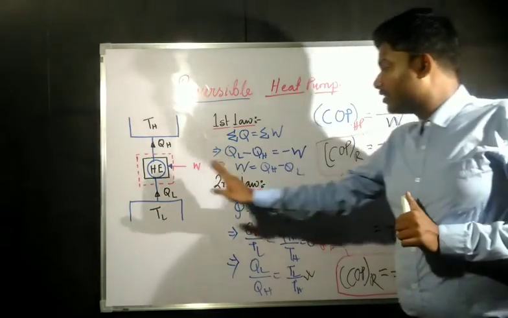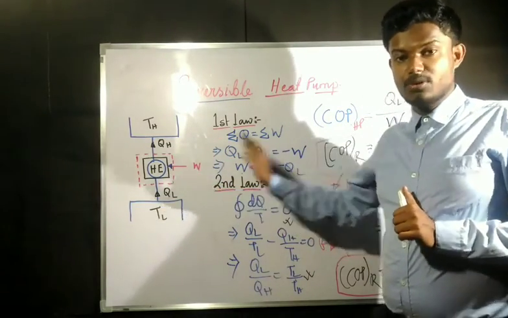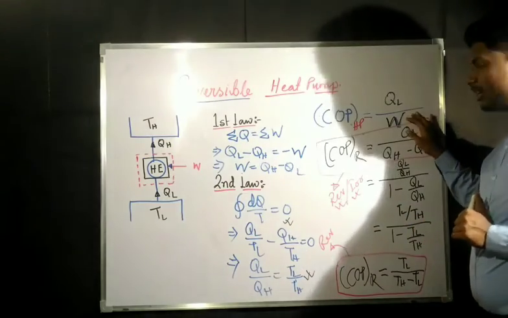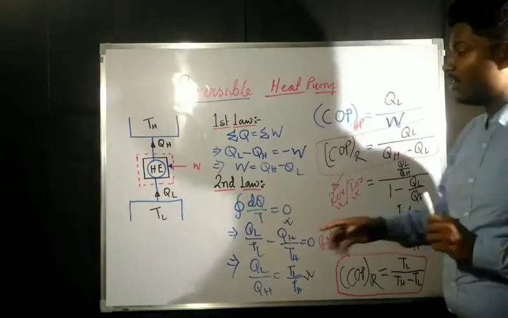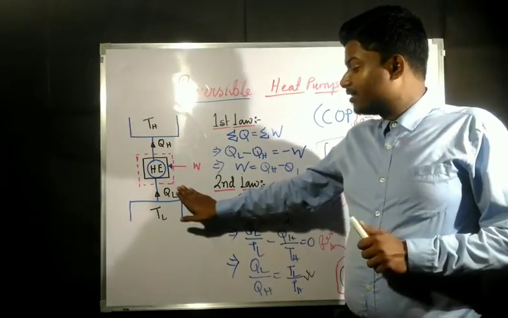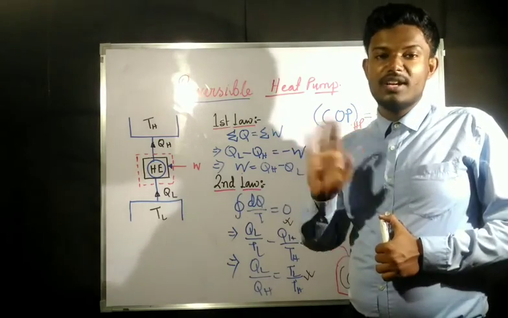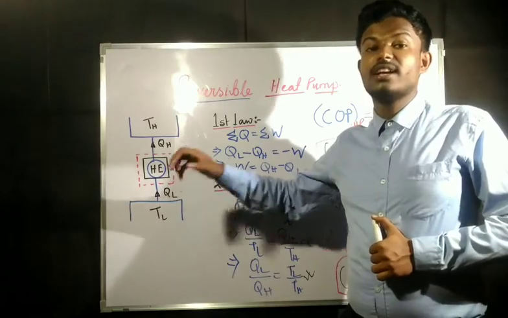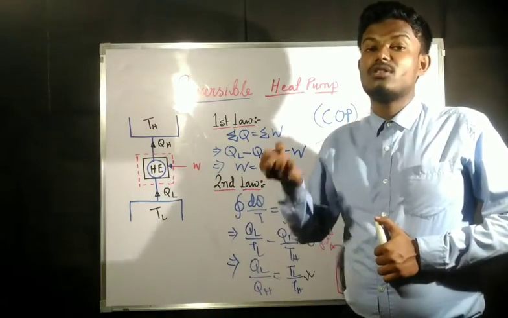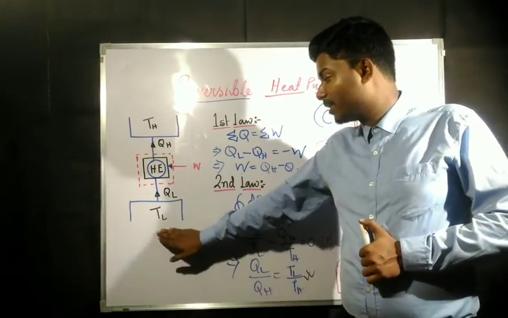Similarly, this is the work input. So in the numerator we need to give the desired effect. How much energy it takes out from the atmosphere is not our concern for a heat pump; it was our concern for refrigeration.